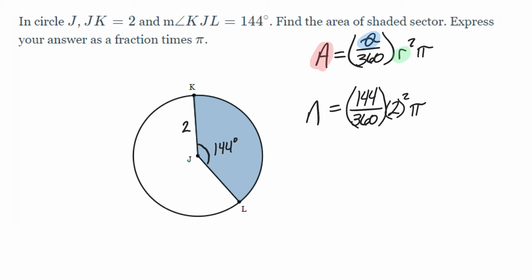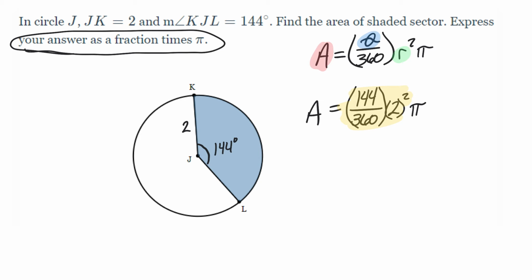Now here's what we want to make sure we look at. It does say leave your answer as a fraction times pi. So really all we need to do at this point is to put all of our information that is in front of the pi into our calculator, calculate that, and then we can see what the pi is.